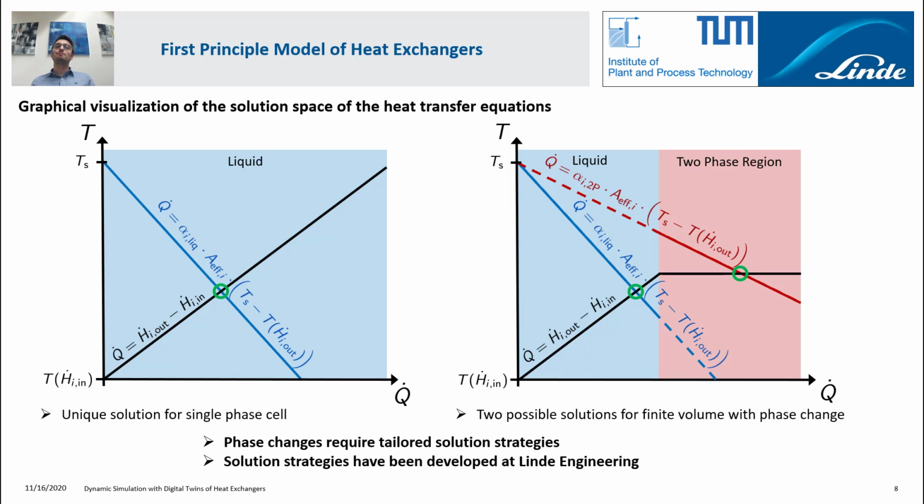If we apply a simple numerical iterative solver to that equation system, this will lead to severe convergence issues, as the solver is going to jump between the two valid solutions. This means we need tailored solution strategies for phase change cells, which have been developed at Linde Engineering throughout the last years.